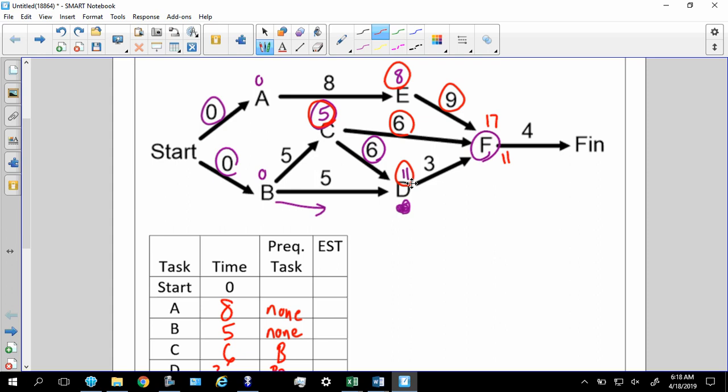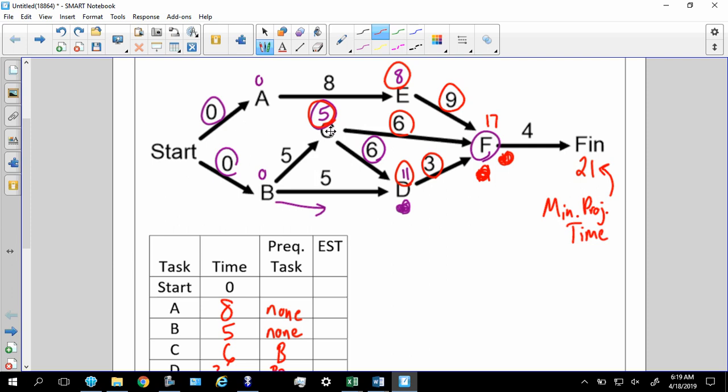If D starts at 11 minutes, it takes 3 minutes, so D can be at F at 14. So the question is, when can F start? It's always going to be the largest number, 17. And then the finish is 21. Remember, this is the minimal project time.